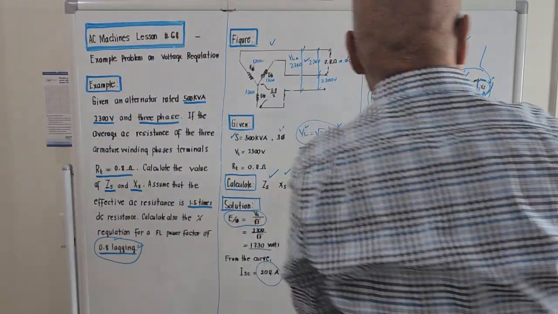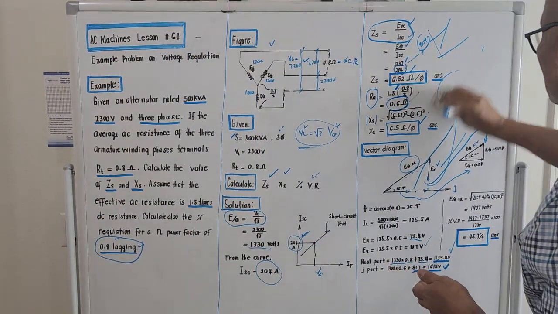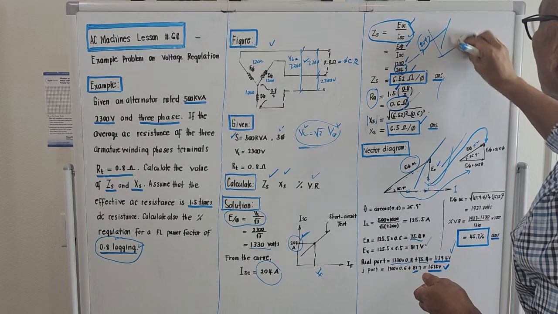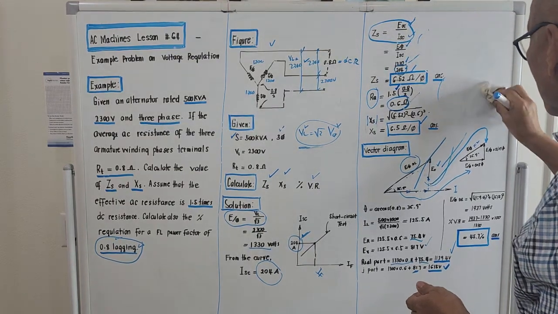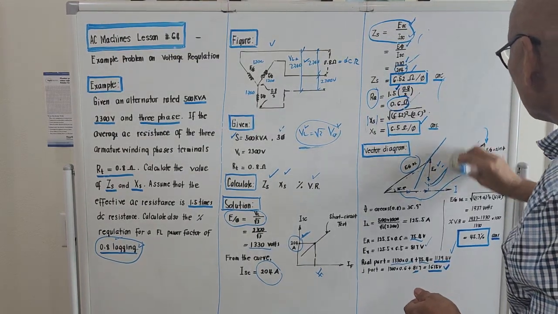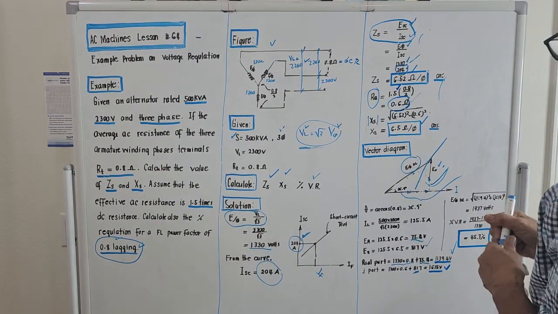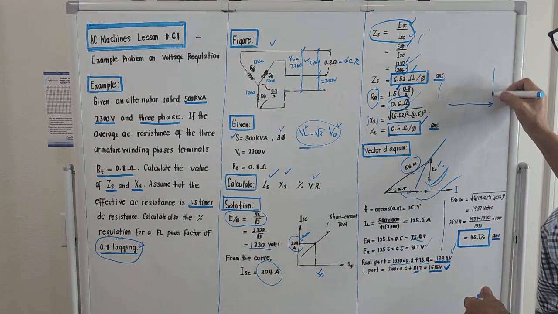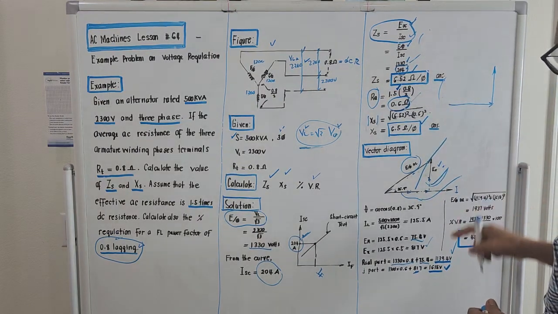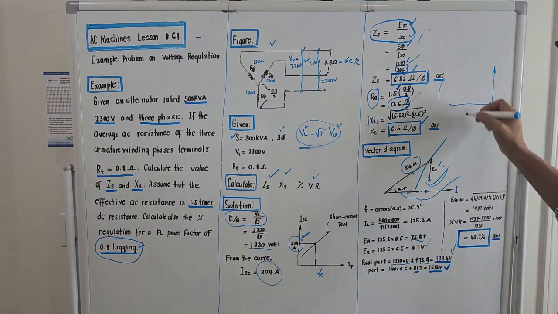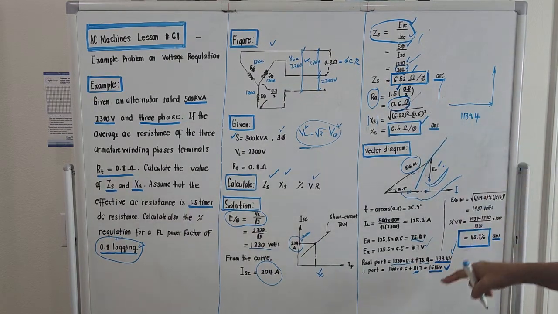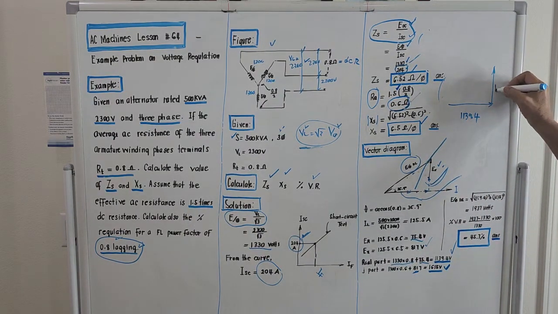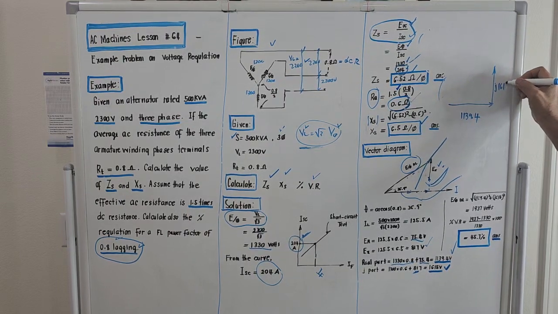I will try to erase this one. These should be the resulting voltages after taking the summation. The real part is 1139.4 and the imaginary part is plus j1615.